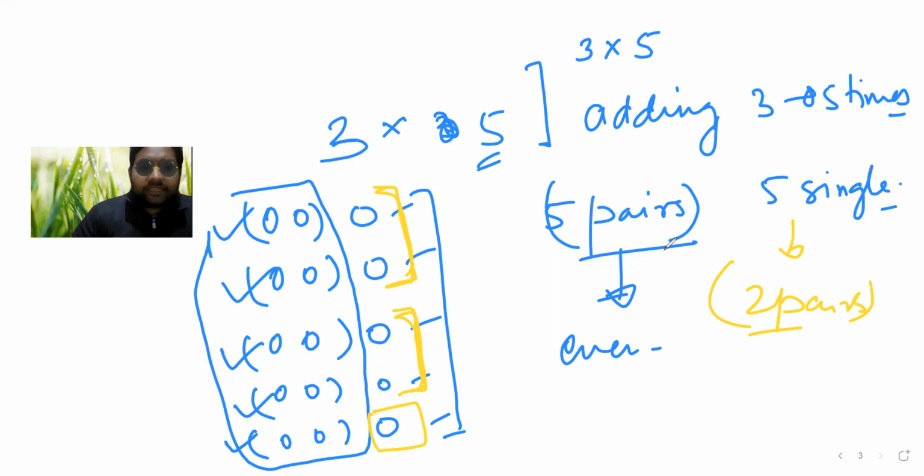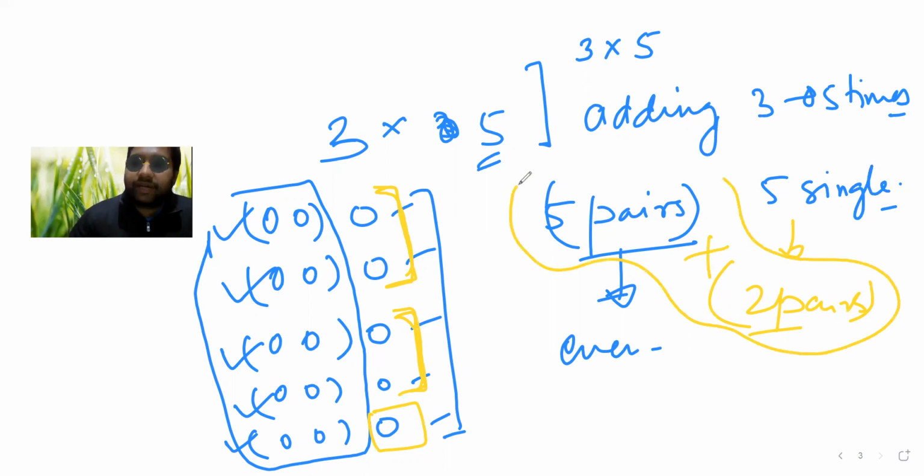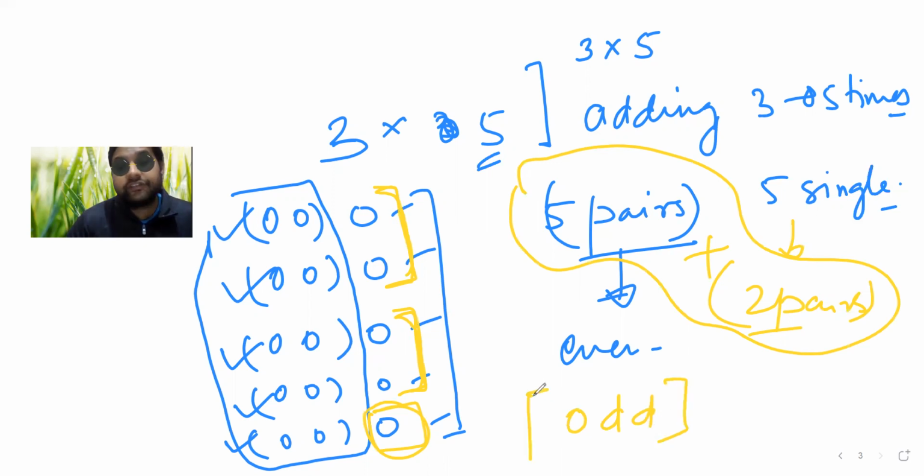It doesn't matter how many pairs there are, as long as they are pairs, it is an even number. So this thing is even, but this one last piece is left out. And whenever we have that one last piece left out, which is not in a pair, that one last piece will make this entire number an odd number. So that is another way to visualize why, when we multiply an odd number with another odd number, the product is always an odd number.